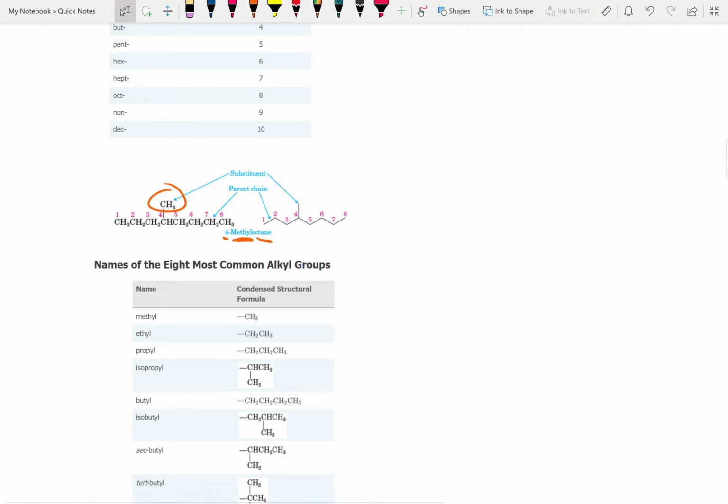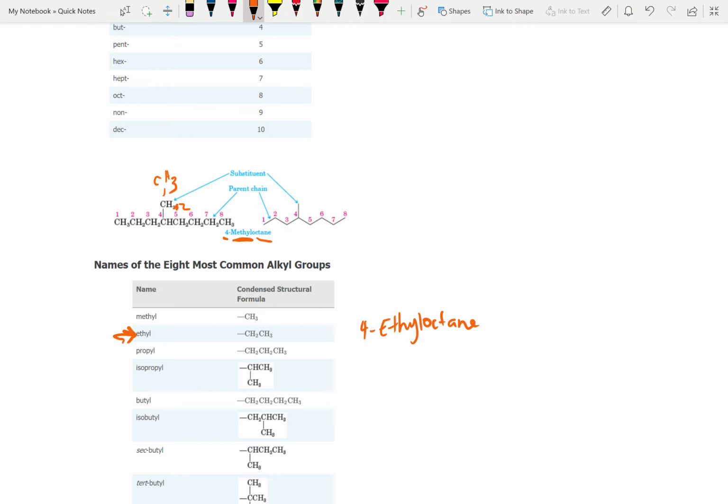So if this CH3 here was bonded to another, so let's say this was CH2 and that was bonded to a CH3 group, that's where we get our ethyl name from. So if it was that, then it would be called 4-ethyl octane.